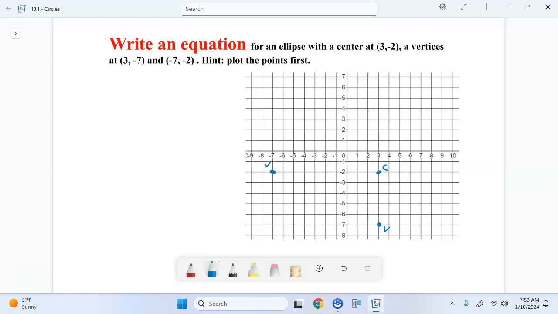Problem is, those vertices aren't in line with each other. So, strictly speaking, one of those has to be a co-vertice and the other a major vertice, since they're not in line. So, is the one to the left or the one below going to be the major vertice?